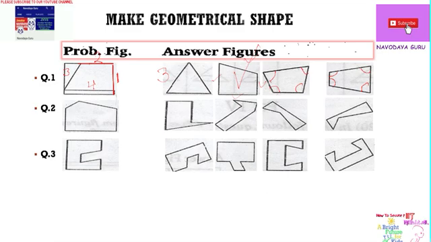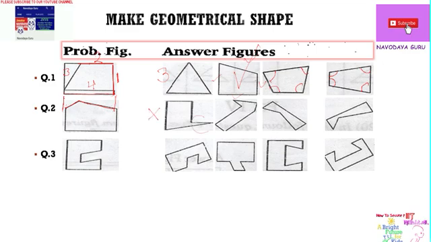Let's go to question number 2. In question number 2, there is one incomplete rectangle, so I have to find that part. So let's draw the border. So let's check in answer figure. Answer figure 1, it's not the answer.